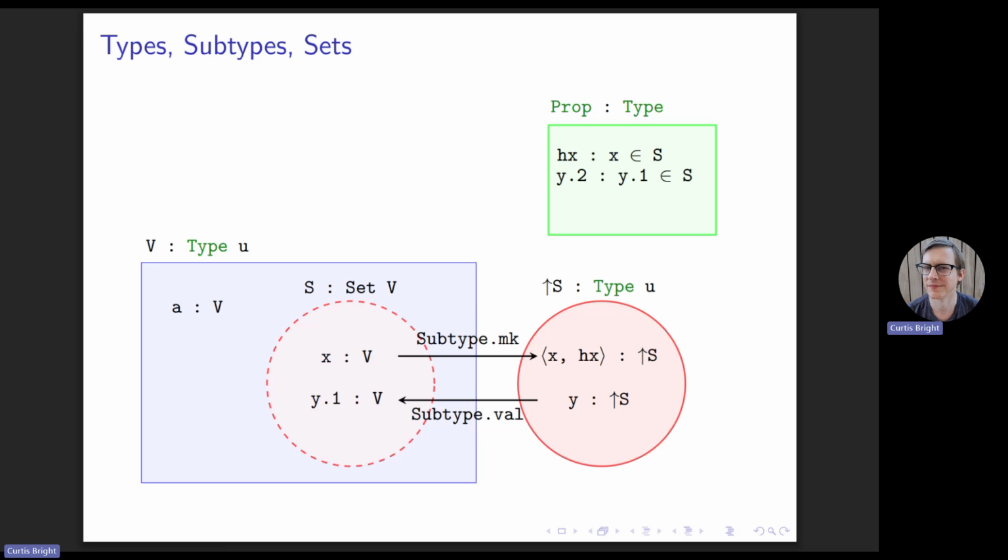We can define arbitrary types using any properties. So if we have the real numbers, we can say we have a subtype. I forget the notation off the top of my head, but it's something like x of type R such that x is less than or equal to 3, for example. We can define a subtype like this.